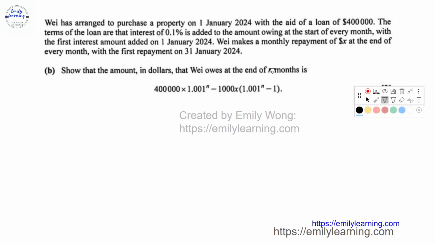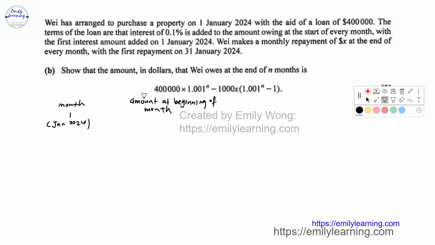To do this question, we need to set up a table again. So now we'll start off with the month: which month is it? First, second, third. The first month is denoted as January 2024. And in this question, it talks about beginning and end, right? So we'll write amount at beginning of month.